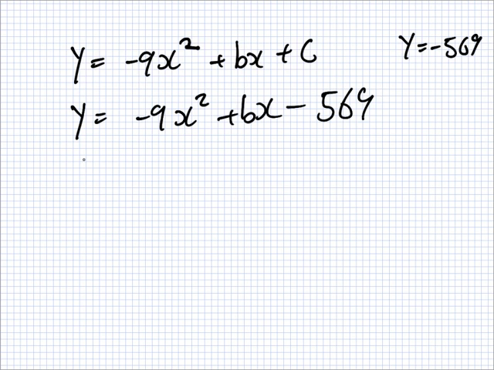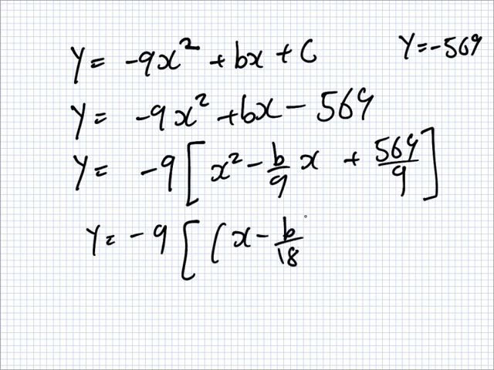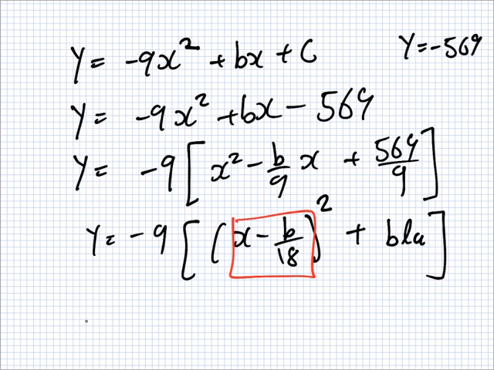Yeah? Now, I want to complete the square here, so I take out the minus 9, and I have x squared minus b over 9 x plus whatever 569 over 9 is. So y equals minus 9 bracket x minus b over 18, squared, plus something which we don't really care about, because we can see from this that the vertex will be at x equals b over 18.